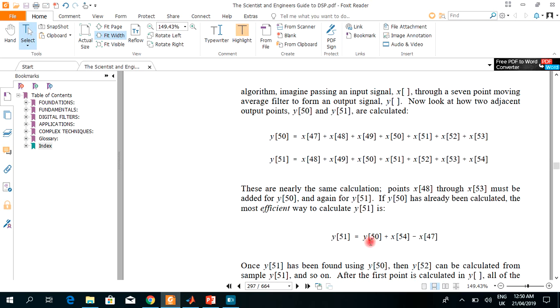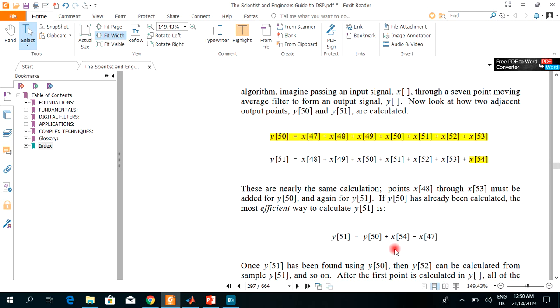So if we just subtract x of 47 from y of 50, this is this one. If we subtract only this thing from this and add x of 54, the result will be y of 51.